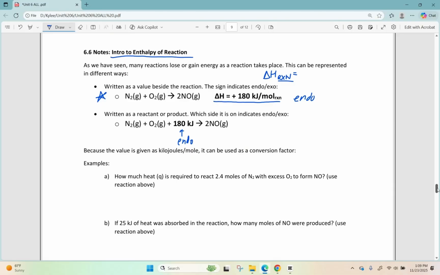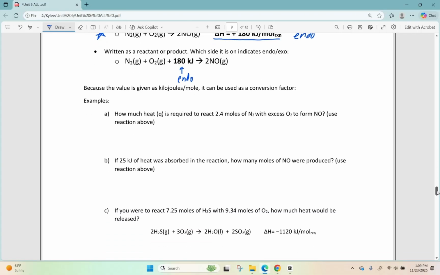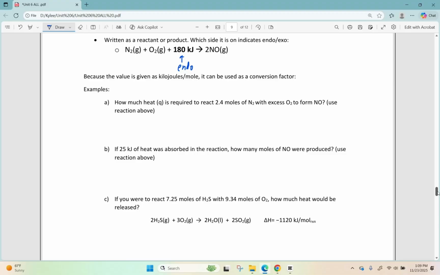This section is to just introduce you to the concept of the heat of the reaction and to do some examples where we multiply by moles and mole ratios. Example A says how much heat is required to react 2.4 moles of nitrogen with excess O2. It's nice that they tell us oxygen is in excess because we always want to do our calculations based off the limiting reactant.